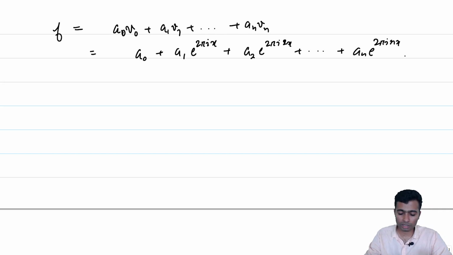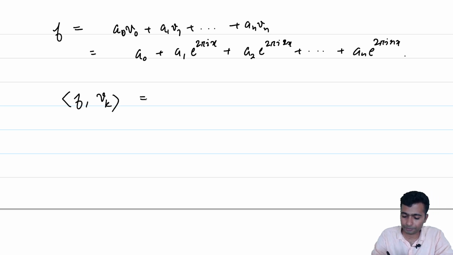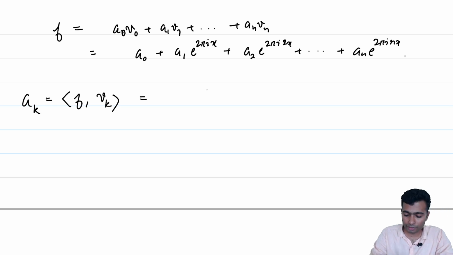So let's now apply whatever we have just developed to an arbitrary element in Tn. Then f inner product with vk, by whatever we just developed, gives you our ak, right? But what is f inner product with vk?